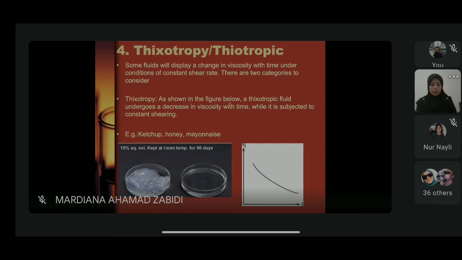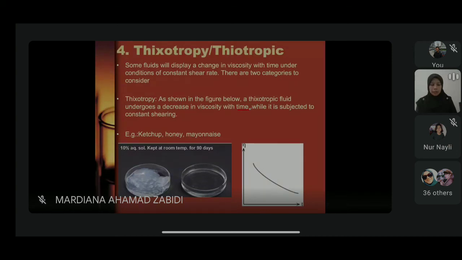Alright, so two categories for thixotropy. Thixotropy ni dia follow macam pseudoplastic. Okay, as shown in the figure below, a thixotropic fluid will undergo a decrease in viscosity with time. Okay, time. Nampak thixotropy, rheopexy, they are time dependent.